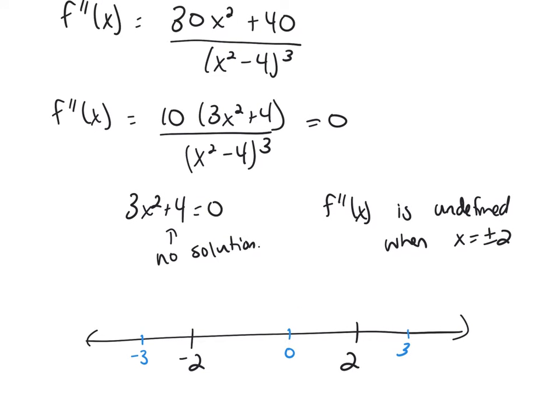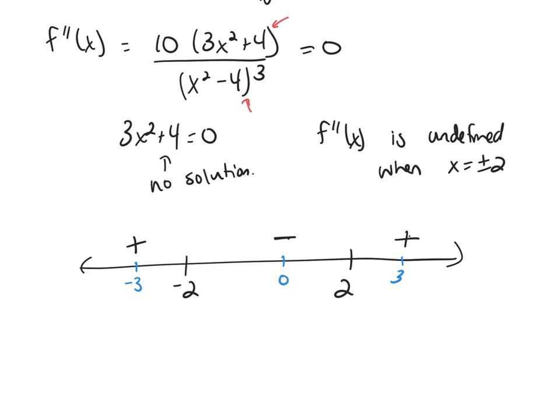Now, if you look, the numerator is always positive. So just look at the denominator to decide if it'll be positive or negative. So if I plug in negative 3, it'll be 9 minus 4, so it'll be positive. 0, it would be negative 4 cubed, so it would be negative. 3, it would be positive.